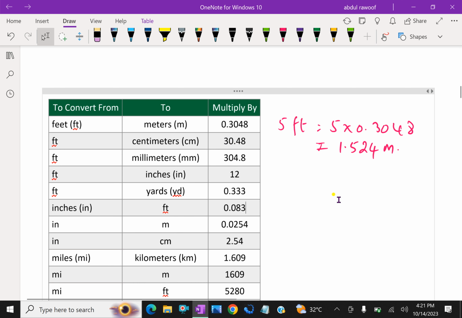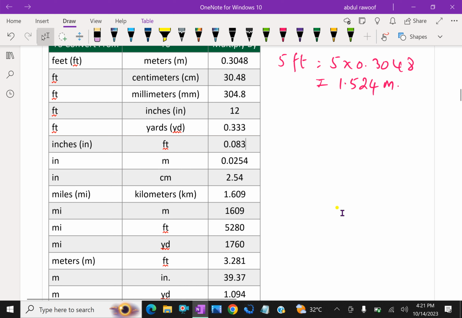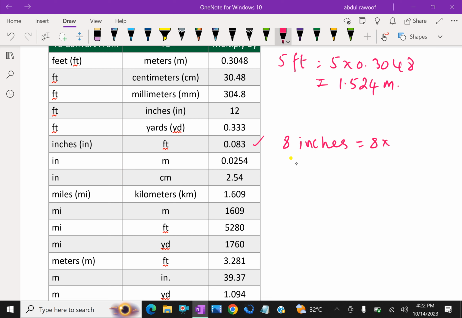Now inches to feet. To convert inches to feet, you multiply with 0.0834. For example, 8 inches is how many feet? That means 8 into the conversion factor 0.083.